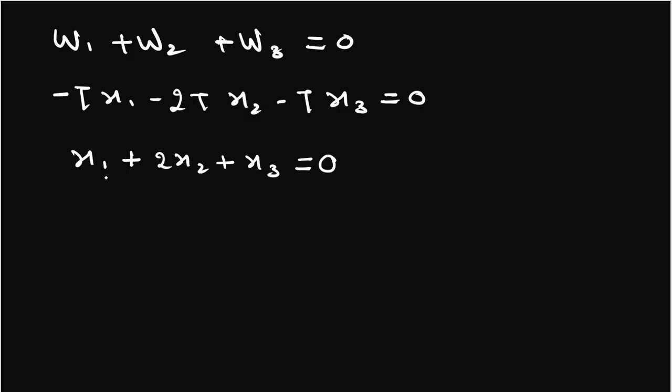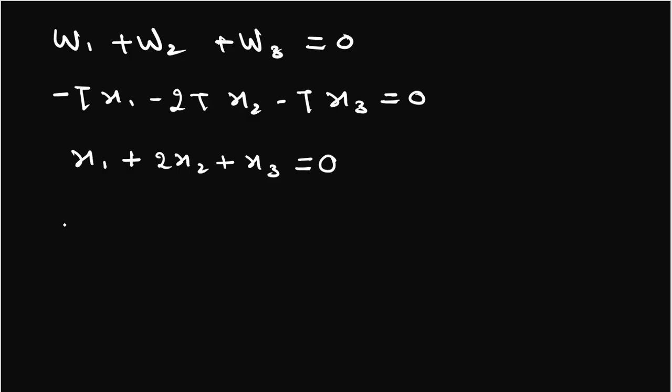So at least one or two of the three blocks will displace upward, and that displacement becomes negative, since we are taking downward as positive. Clear? So this is the relation between the displacements of all three blocks.